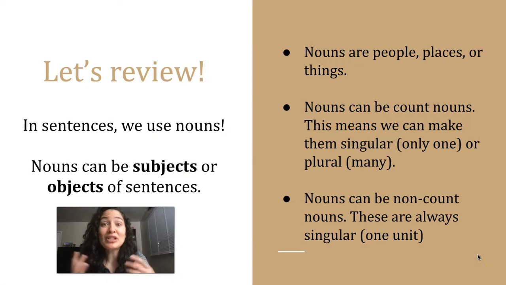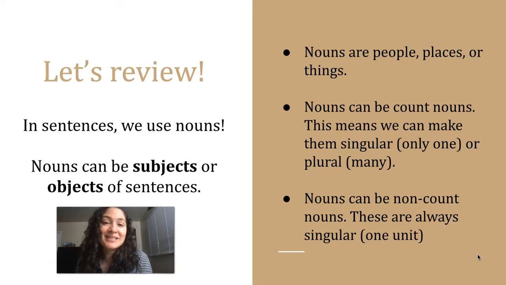Okay, we learned a lot in this video, so let's review before we finish. In a sentence, we use nouns. Nouns can be the subject of the sentence or the object of the sentence. A noun can be a person, a place, an animal, a thing, an idea. Nouns can be count nouns. That means that we can count. We can say one with a, an, or you can say many.